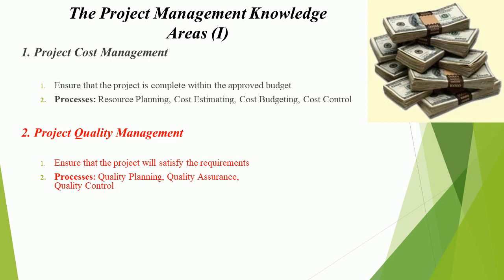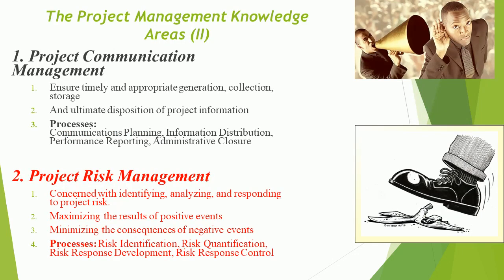Processes, quality planning, quality assurance, quality control. 1. Project communication management. Ensure timely and appropriate generation, collection, storage, and ultimate disposition of project information. Processes. Communications planning, information distribution, performance reporting, administrative closure.